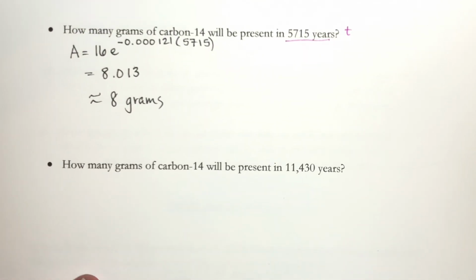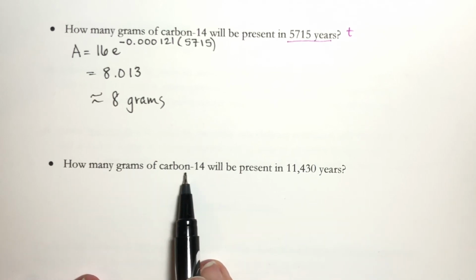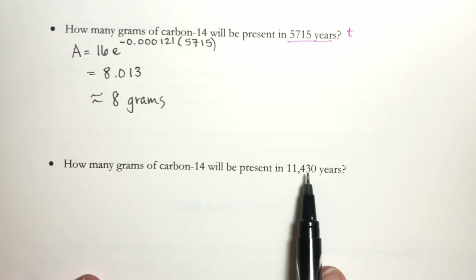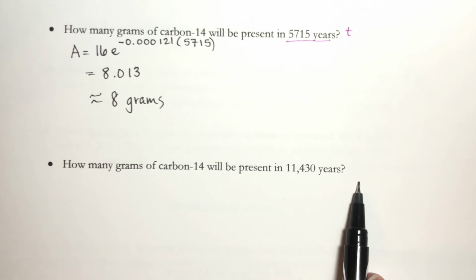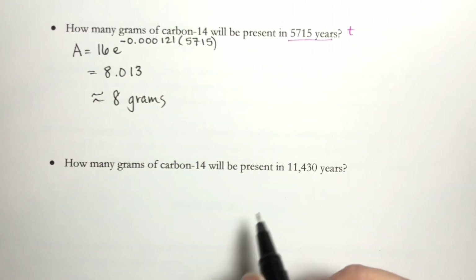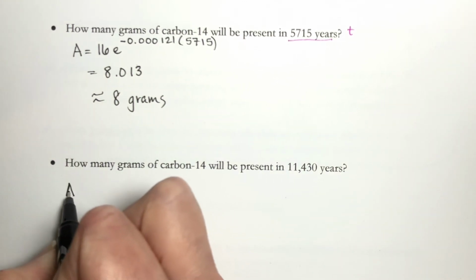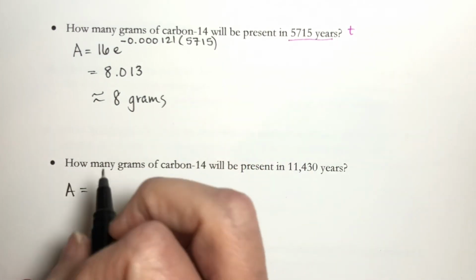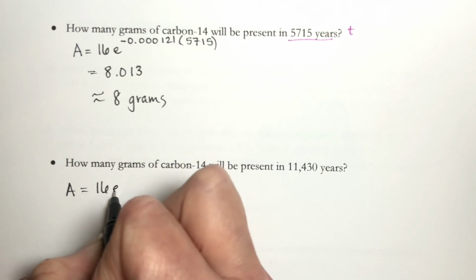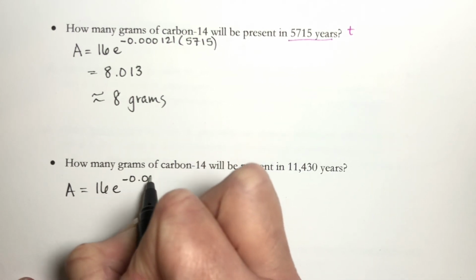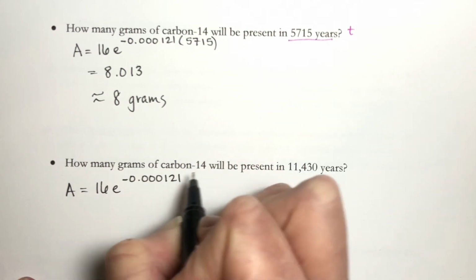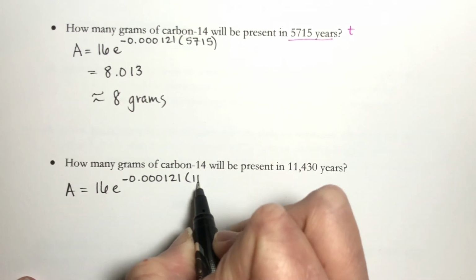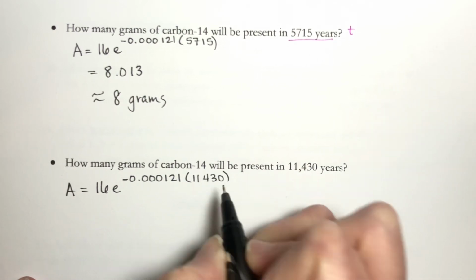Okay, now how many grams of carbon-14 will be present in 11,430 years? Okay, so let's plug in that value. It's going to be worked essentially the same as this, it's just our time value will change. So 11,430.